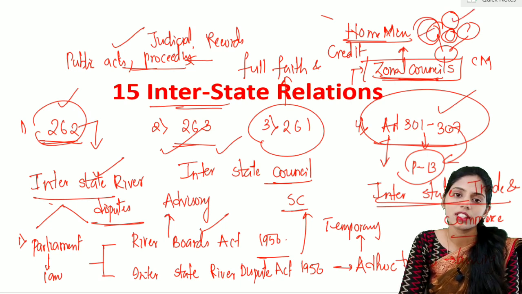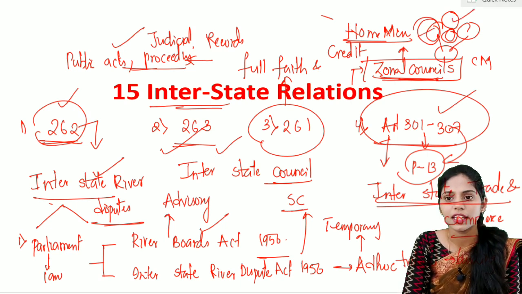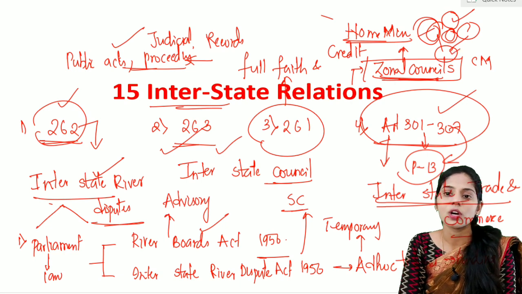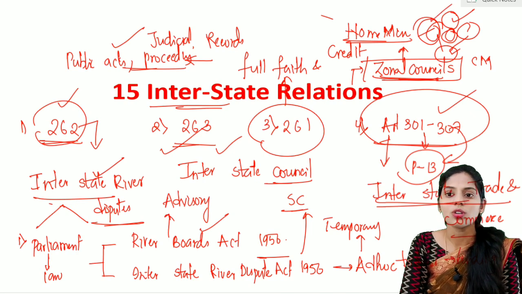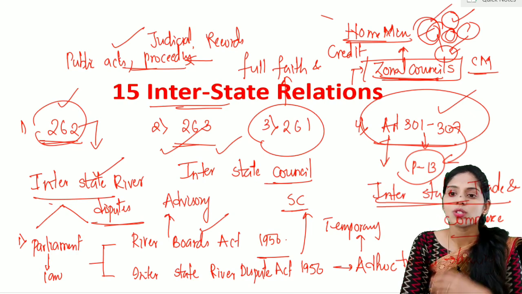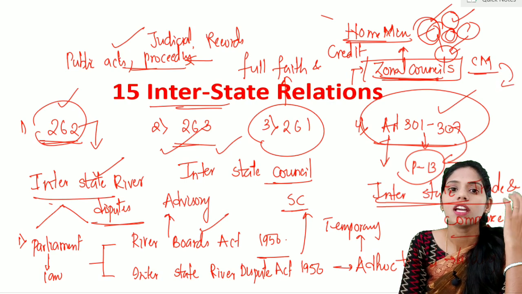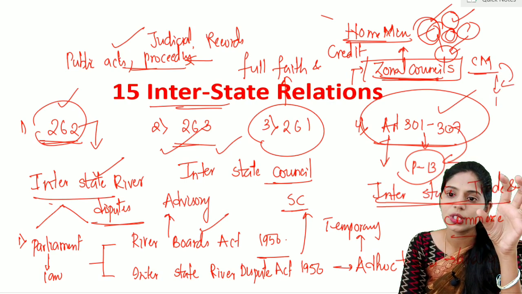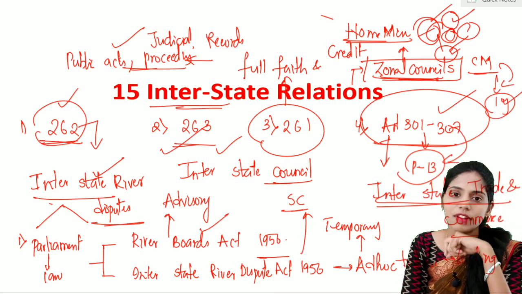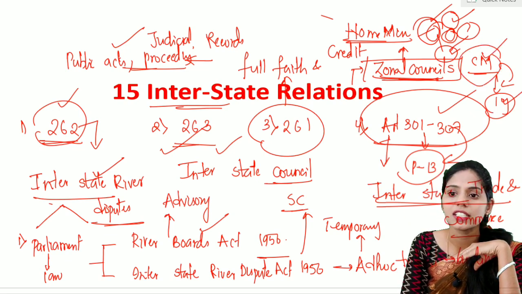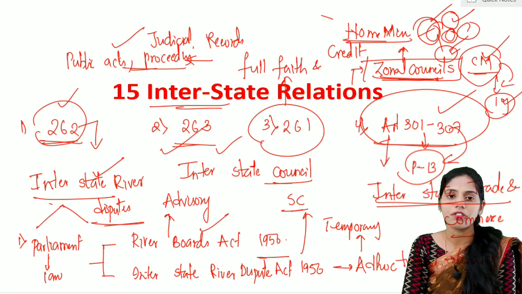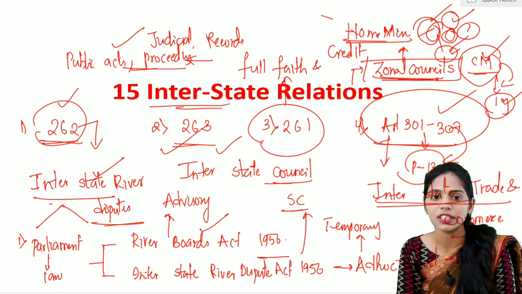In the northern zone, again about 4 to 5, and in the southern zone about 5 to 6 or 4 to 5 CMs come under this. So how do they act as vice chairman? They act as vice chairman for a tenure of 1 year, one CM, and the next year another CM. Likewise, a CM acts as vice chairman for 1 year of tenure.